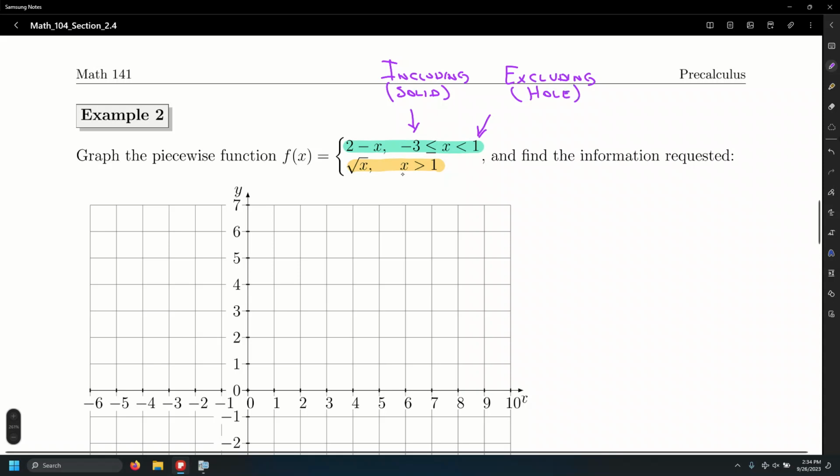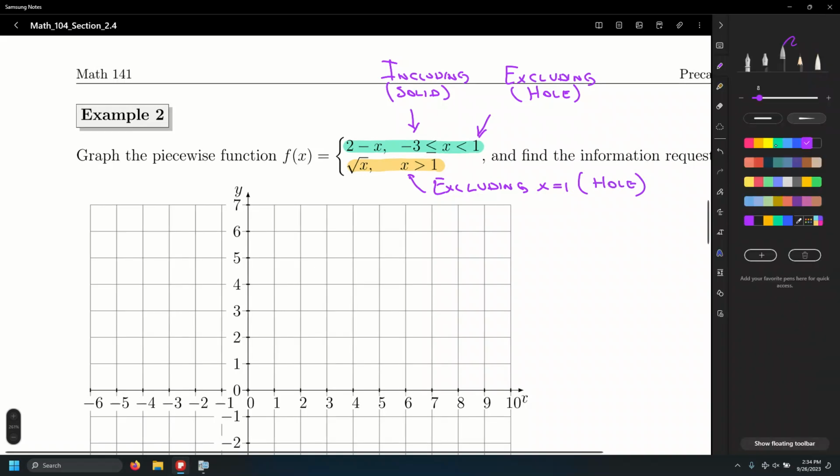And in this case, all x's that are greater than 1 without including the 1, that means another hole. Excluding, represented by a hole.